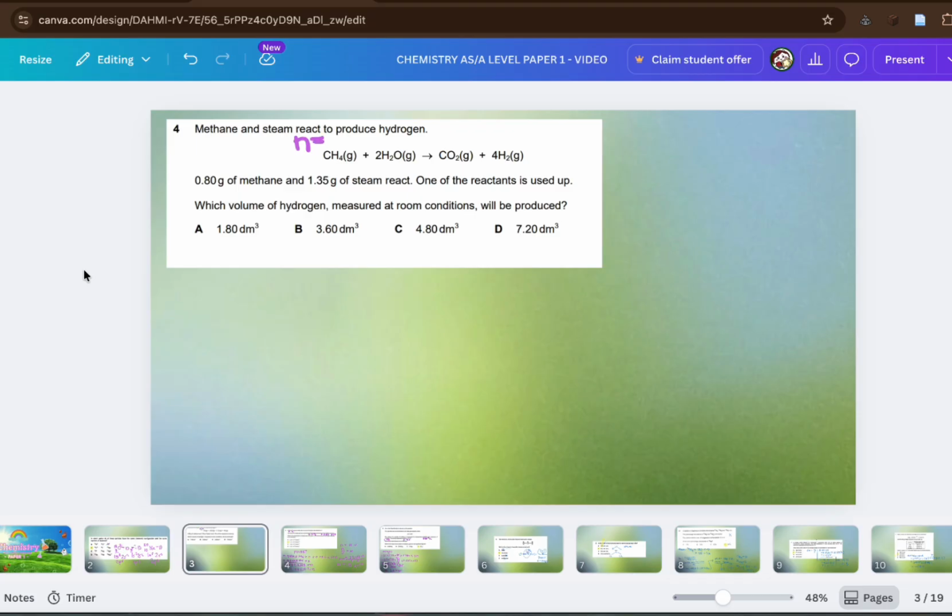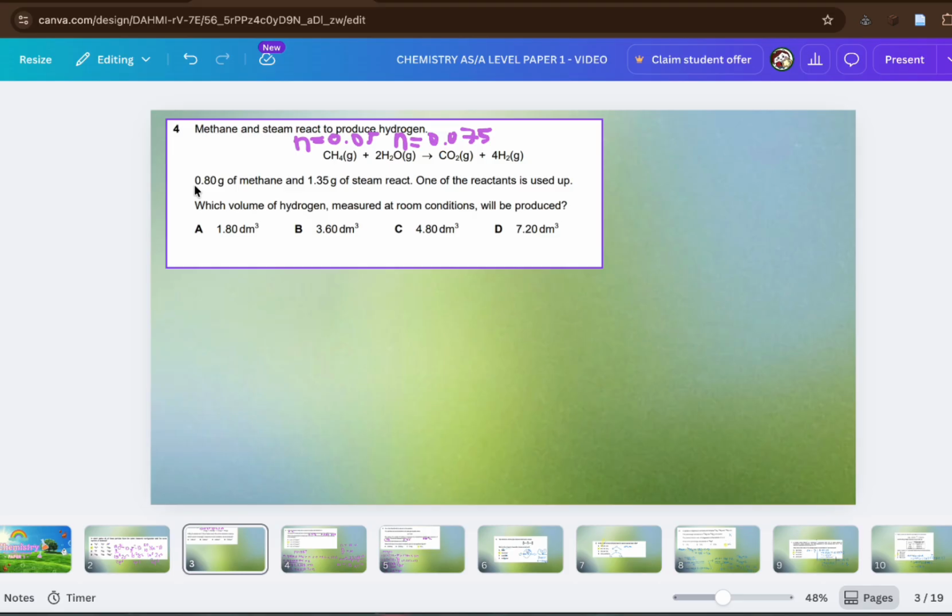Here, the mole of methane is 0.05. Let's write that here. While steam is 0.075. Next, we just have to find the limiting reactant, the mole thing.